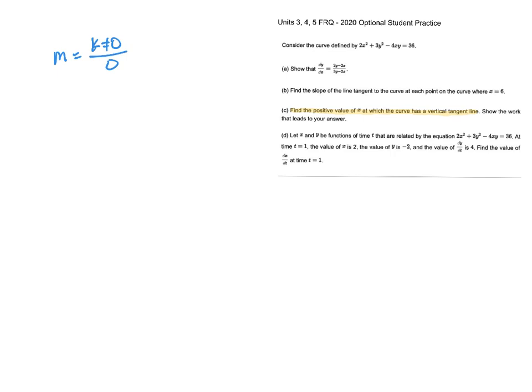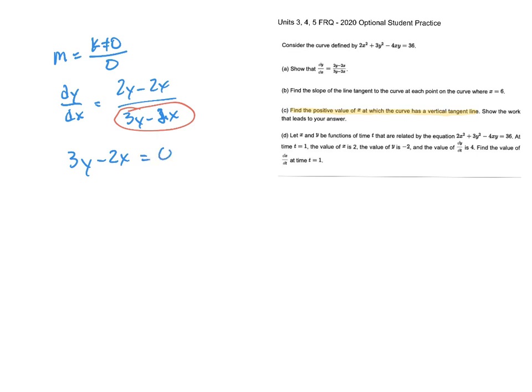And we know that our derivative is 2y minus 2x over 3y minus 2x. So basically what we want to do is set the denominator equal to 0, and that's what I'm going to do. So 3y minus 2x equals 0. And remember, we're trying to find a positive x value.